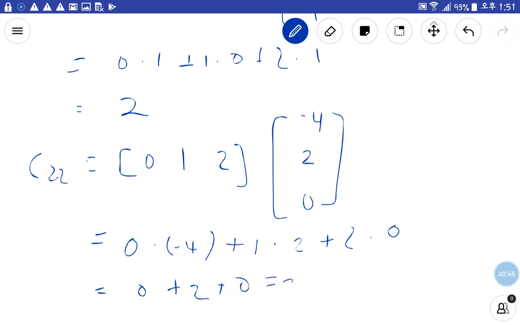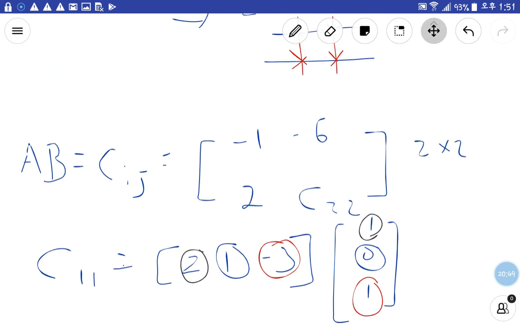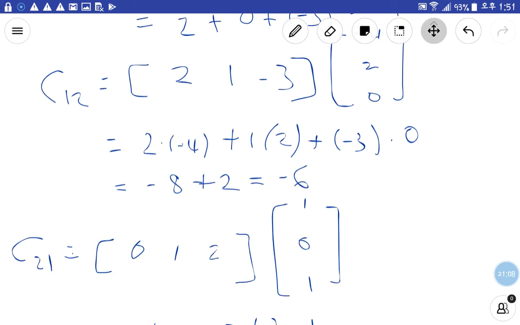What is it? 2. So I can go all the way back to replace my last one. It's going to be my answer. So I can find my answer, which is the product of A, B. That would be negative 1, negative 6, 2, and 2. Okay? And then, please look at our B.